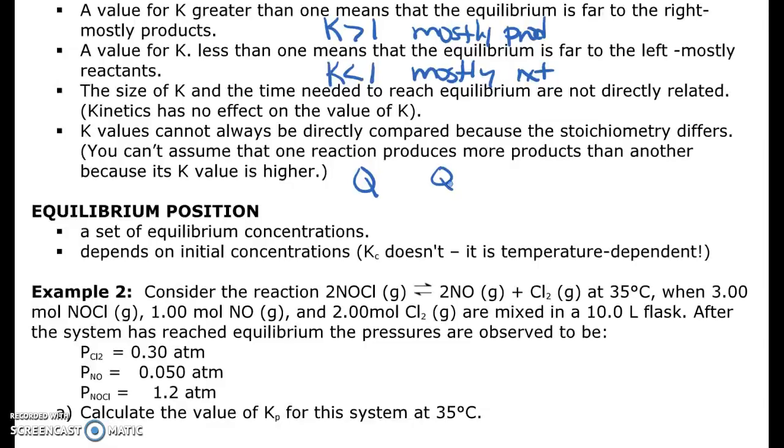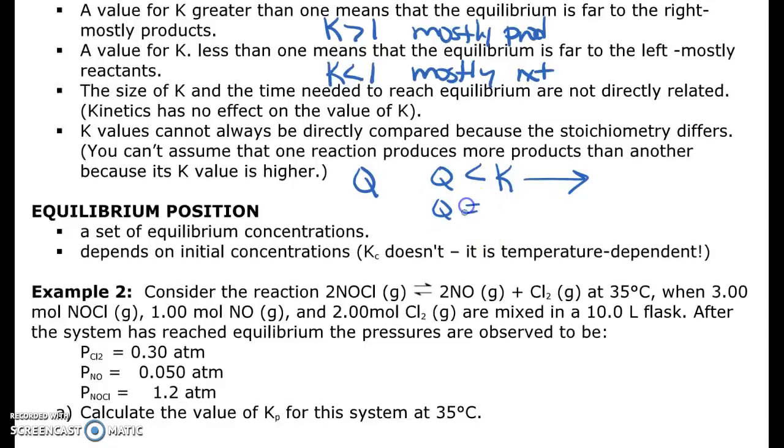If your reaction quotient is less than your equilibrium constant, you just follow the mouth, the way we used to learn that greater than and less than follow the alligator. So if the equilibrium constant is greater than the reaction quotient, then the reaction is going to shift to the right because it needs more products to be made.